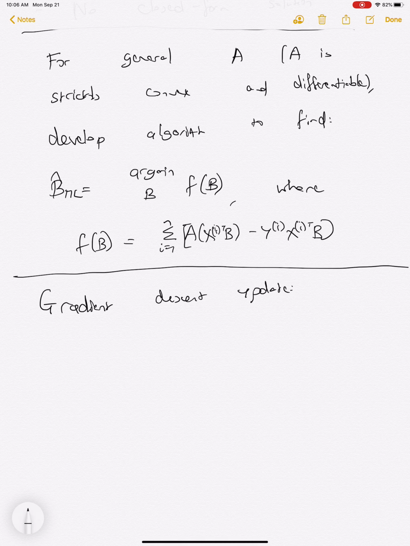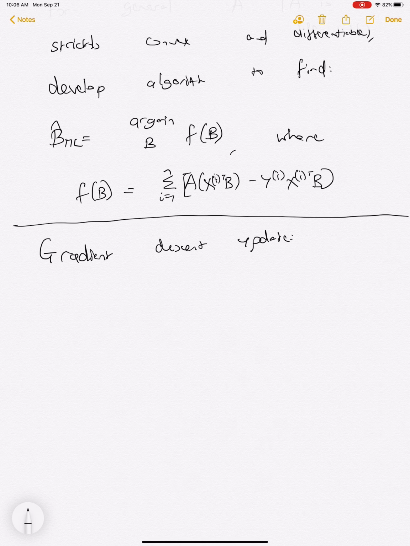So the gradient descent update. Remember that for general f is, or when I say general, I mean it has to be differentiable because we're taking derivatives.